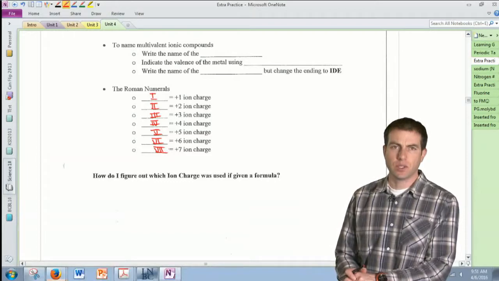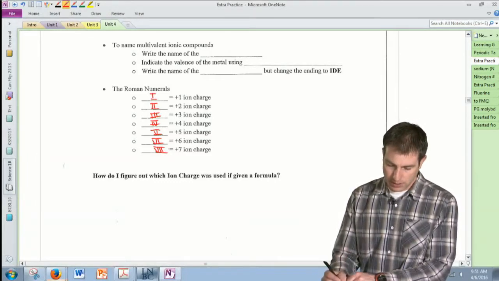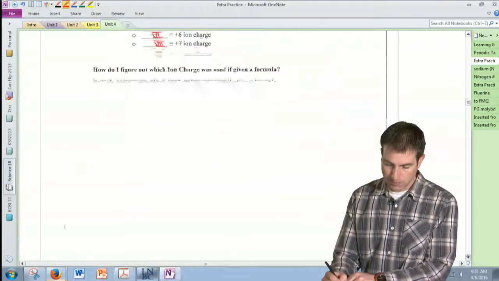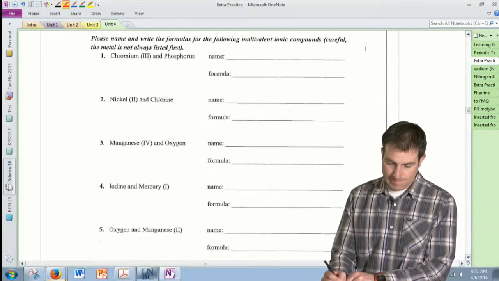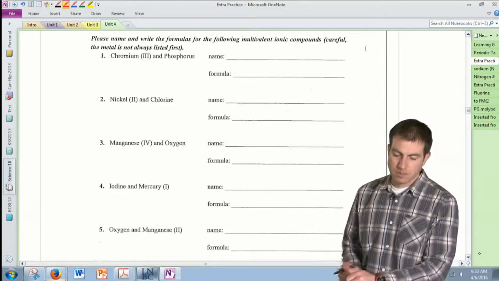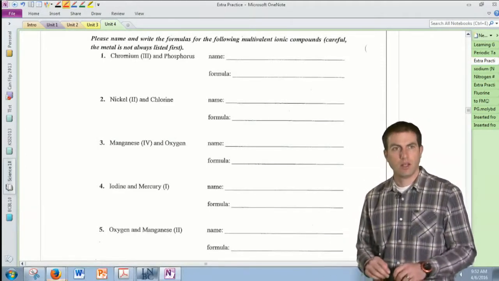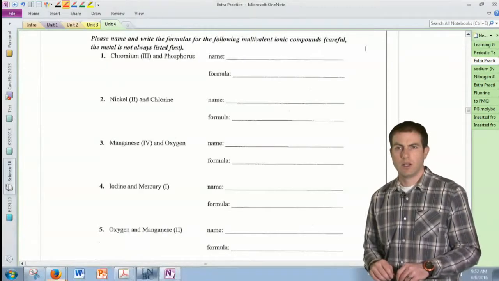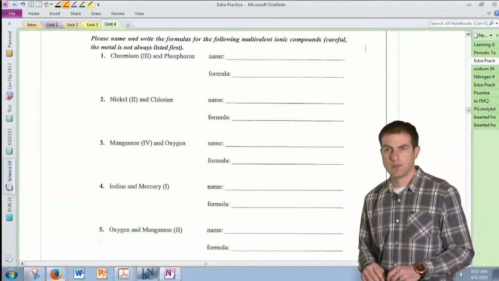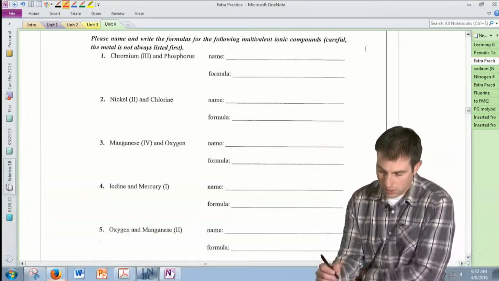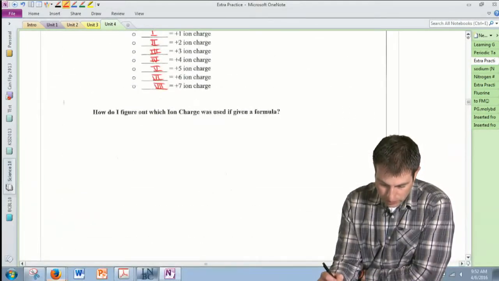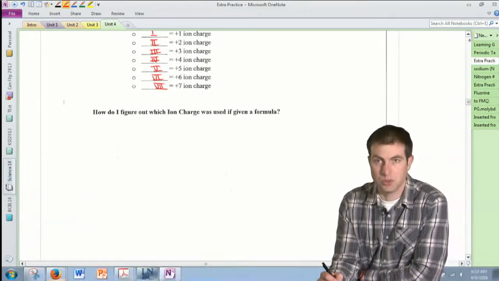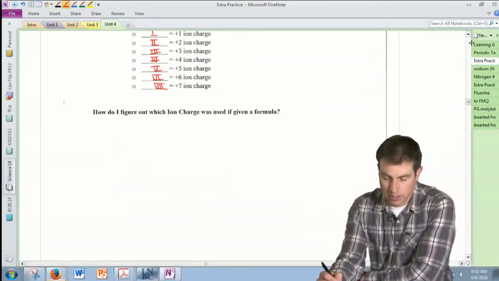Now we've done a few examples of these, and remember we always look to the non-metal. That's going to help us the most. So if we flip to the back page, we can do a few of these examples. This page 4 here, how do I figure out what ion charge was used in a given formation?